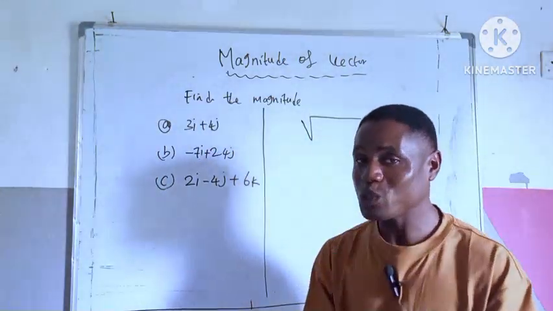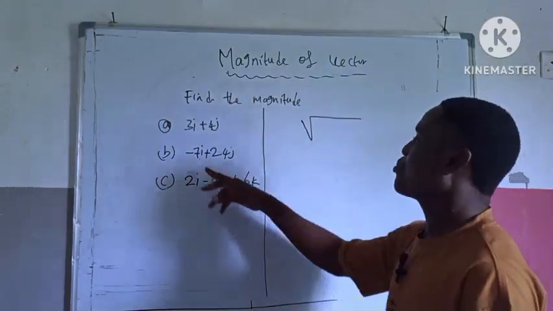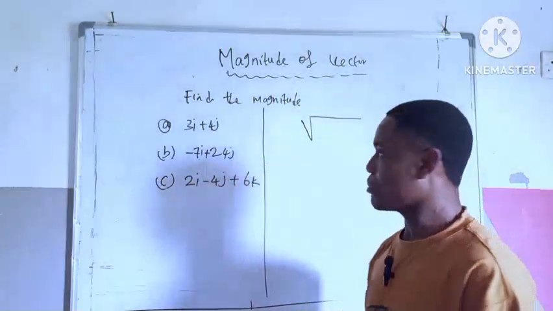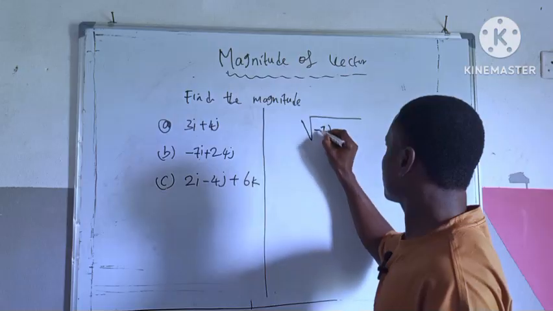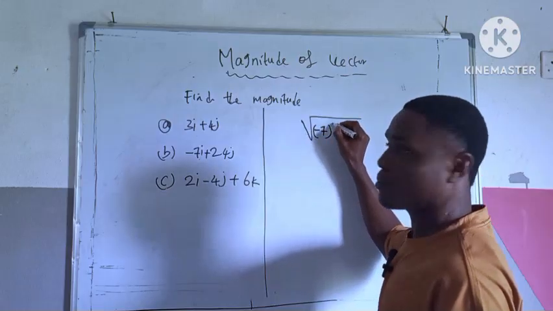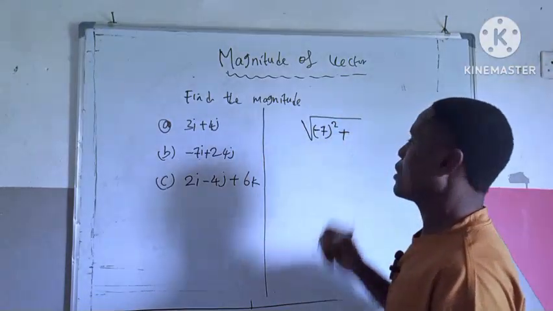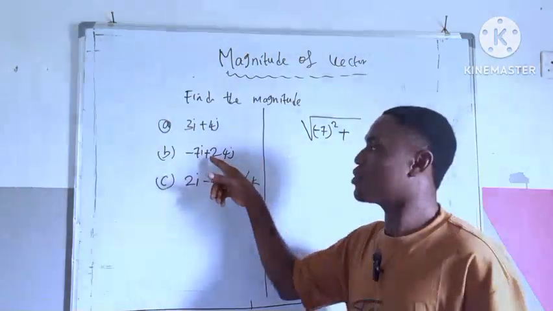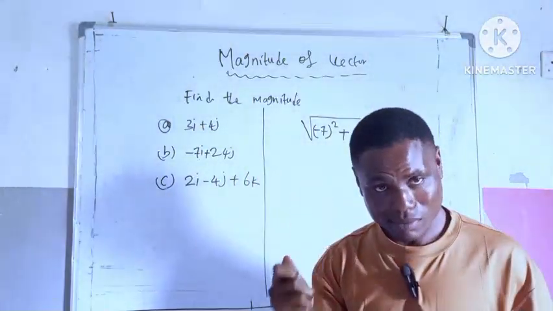Where you should put minus, you will put plus. So the first number is minus 7, so it will be minus 7 squared. Then plus. Now take note, I'm not writing plus again because you already have plus here. This plus is compulsory.